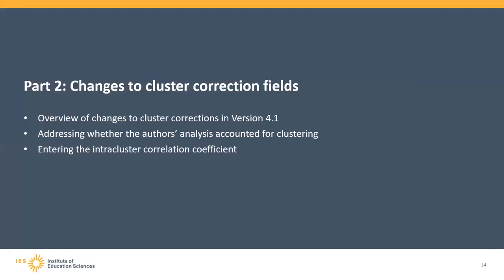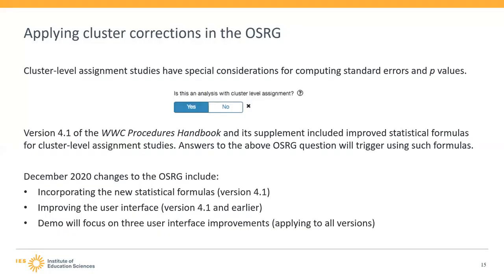Next, we will cover changes to input fields regarding cluster corrections for cluster-level assignment studies, such as randomized experiments that assign entire groups of students, such as schools, to intervention conditions. Cluster-level assignment studies have special considerations for computing standard errors.